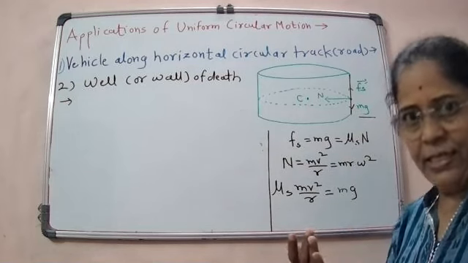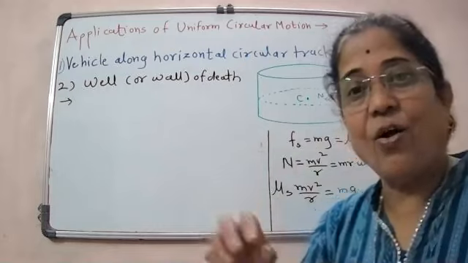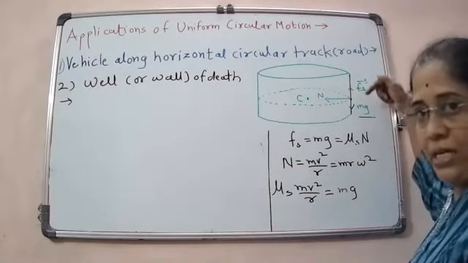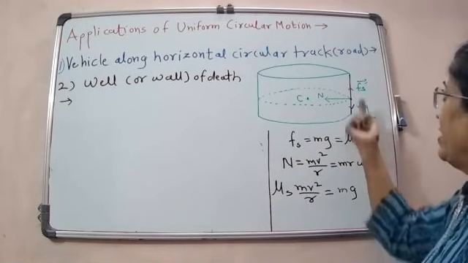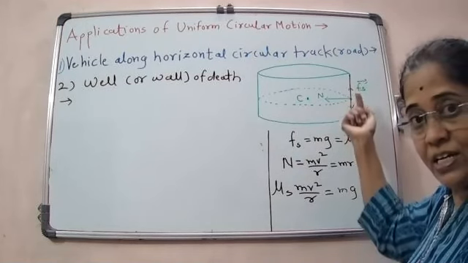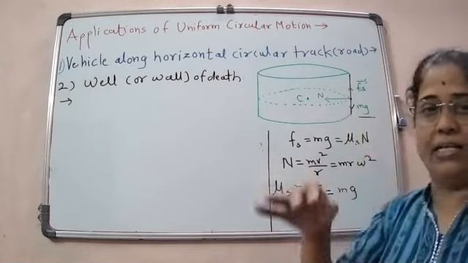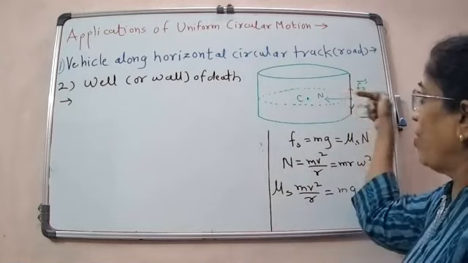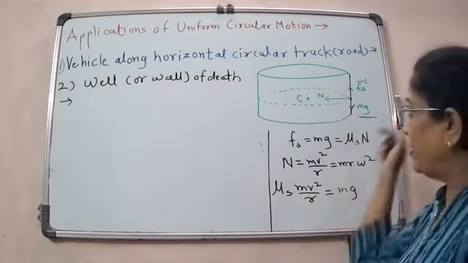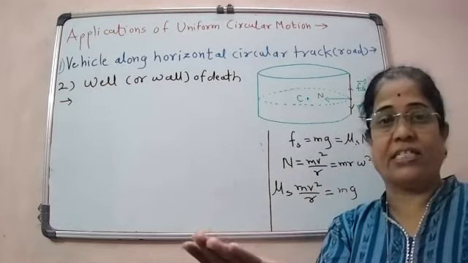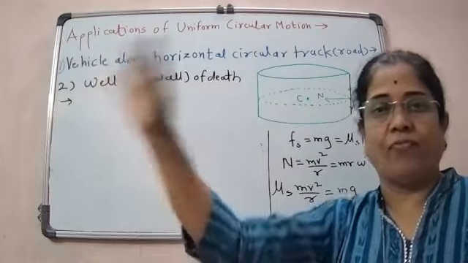So again, see, what are the forces acting on this motorcyclist? One is the weight of the body, mg, acting vertically downward. There is a force of static friction acting vertically upward, and the third force is the normal reaction, which is perpendicular to this wall. And this normal reaction provides the necessary centripetal force.